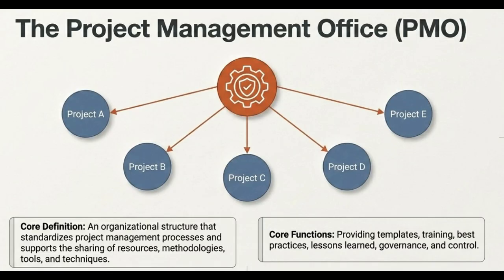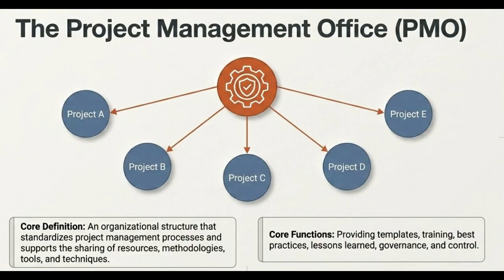Now let's add another important PMP concept, the PMO, Project Management Office, an organizational structure that standardizes project management processes and supports the sharing of resources, methodologies, tools, and techniques. In the PMP exam, you should know three common types of PMO: supportive, controlling, and directive.